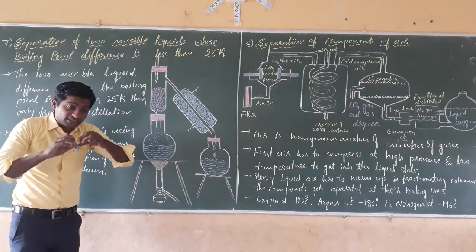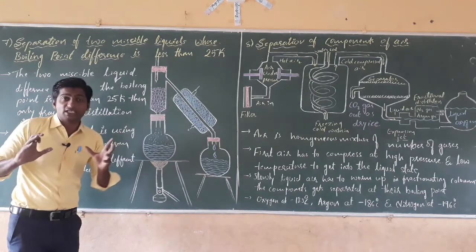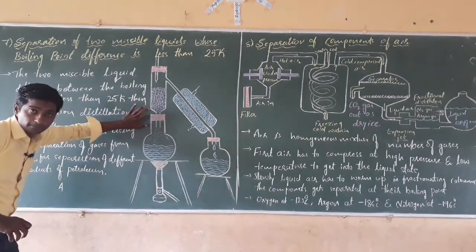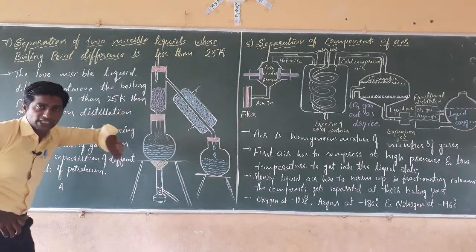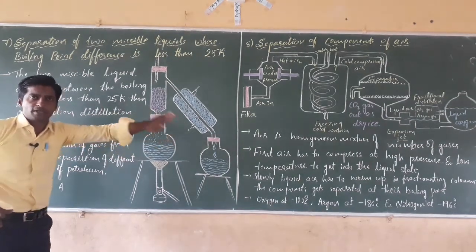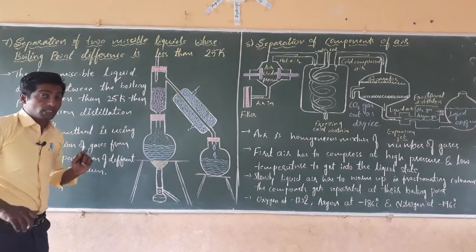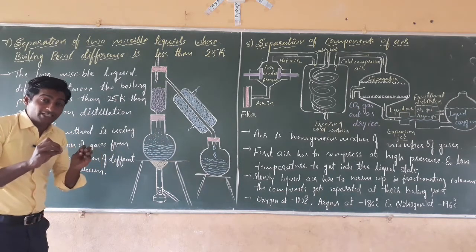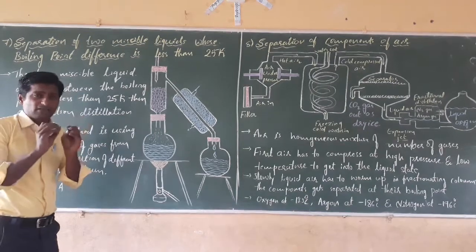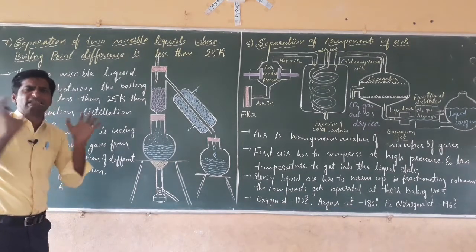To separate the different gases from the air, we go by this method. Oxygen we have to separate, nitrogen we have to separate, argon we have to separate, carbon dioxide we have to separate. Their boiling points are very close, the difference of boiling point is very less.